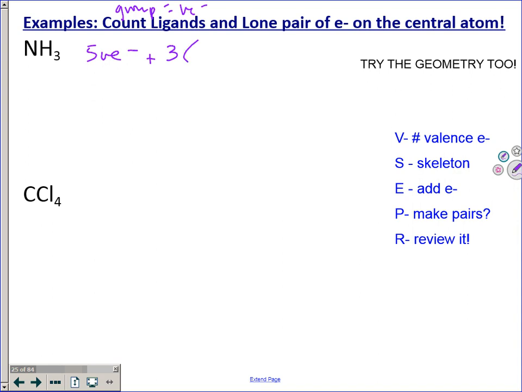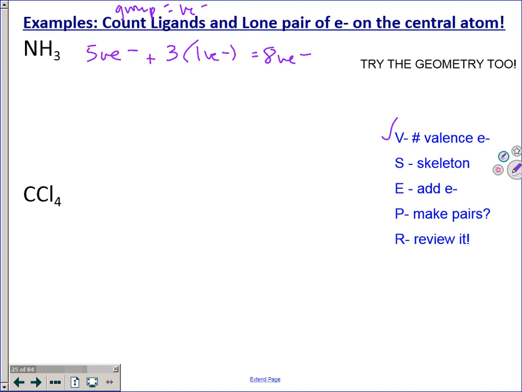What group is hydrogen in? 1. So how many does it have? 1. But there are 3 of them, so there are 3 valence electrons coming from the 3 hydrogens. So we did nitrogen plus 3 hydrogens. Nitrogen is 5 valence electrons. Each of the valences from hydrogen gives me a total of what? 8 valence electrons. Okay, check. I have done the first step. Now I have to make a what?